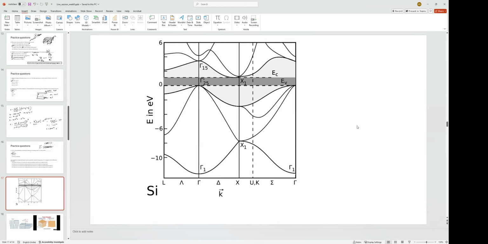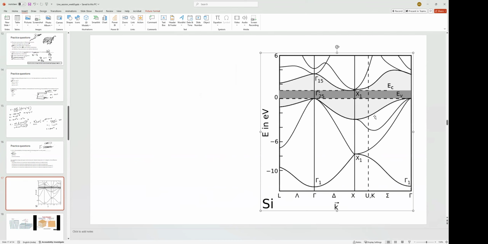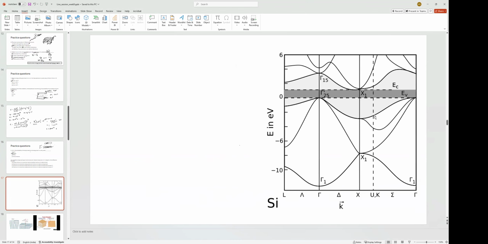This is a band diagram for silicon. This is your energy versus K. This is your forbidden energy gap.